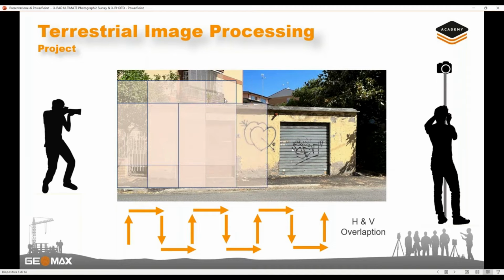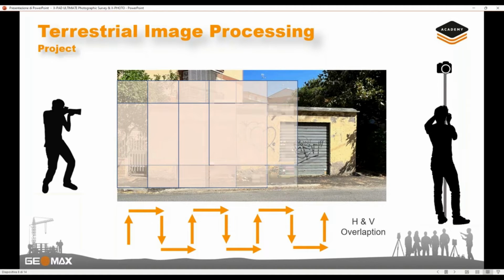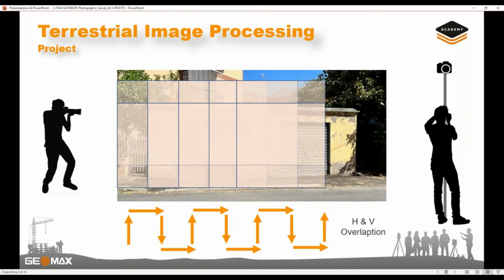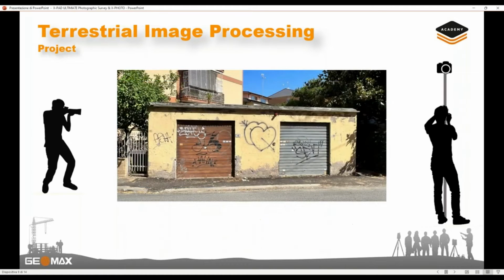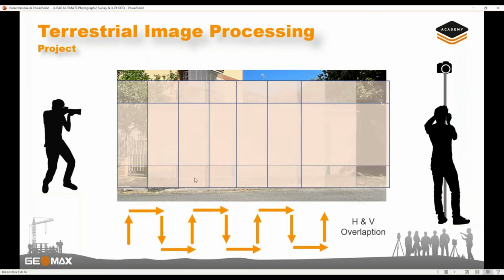And it's the same for the other photos. We need to acquire the photos always with a minimum 60% overlap in horizontal and vertical. So that means that, for example, this area is covered by many images with a correct overlap.